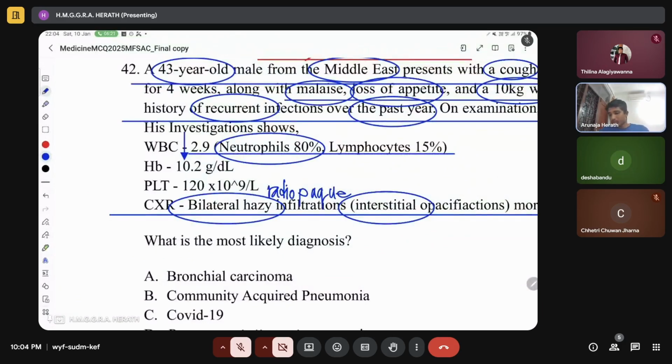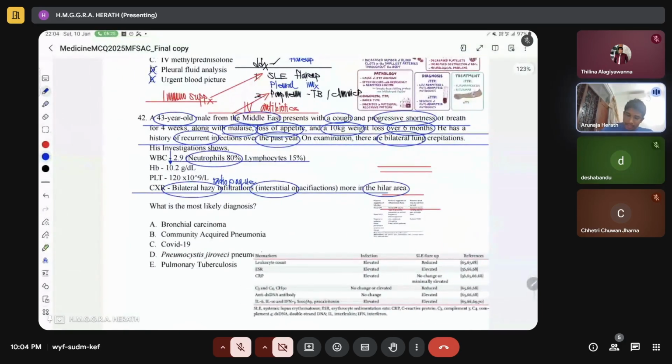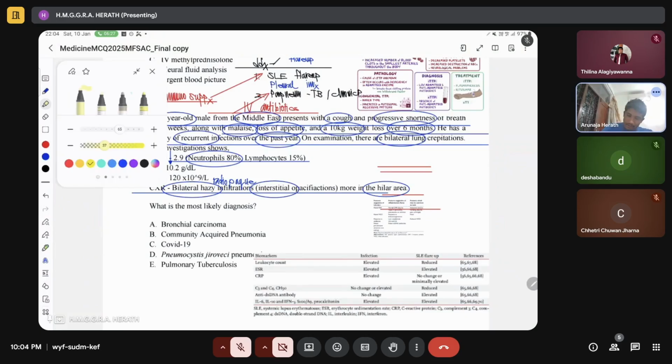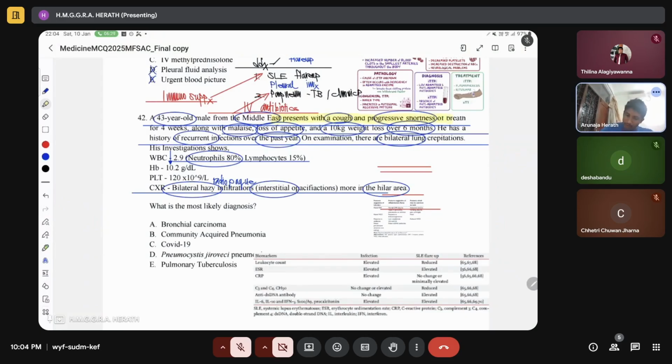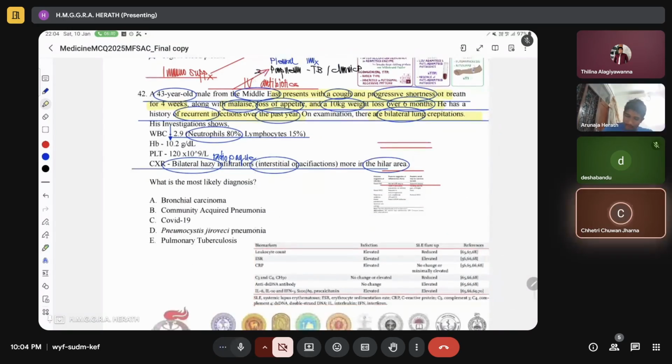So you guys already know the diagnosis here. What do you think is the diagnosis in this patient? For 4 weeks, so this looks like a chronic pneumonia, no? Is it pneumocystis? Excellent. Why?